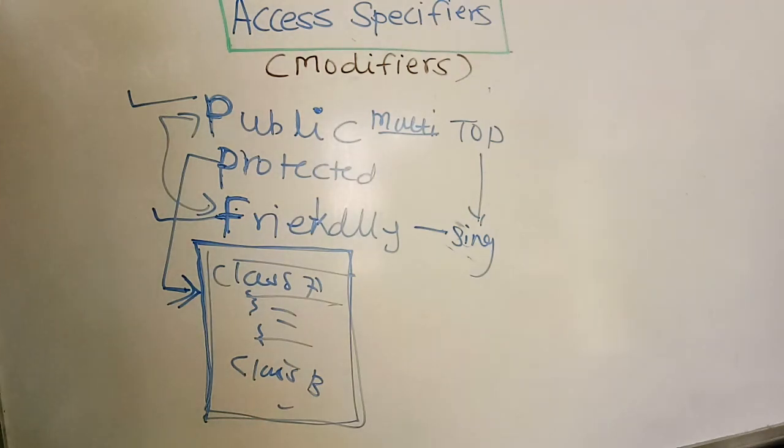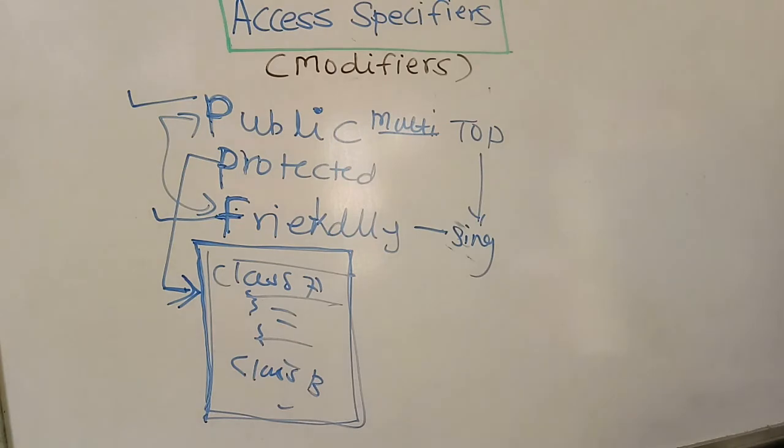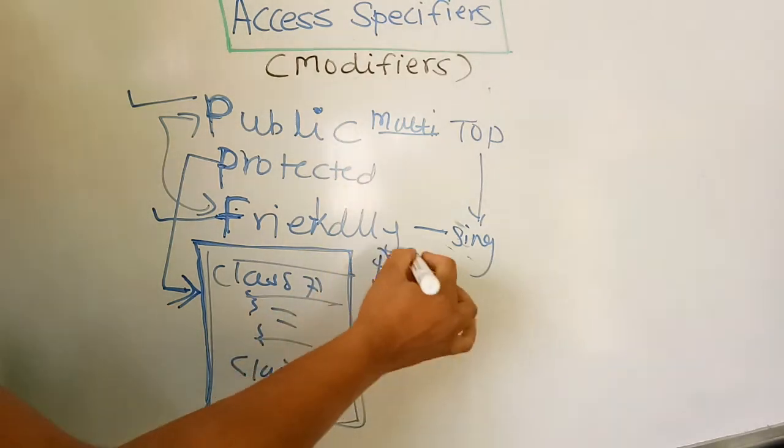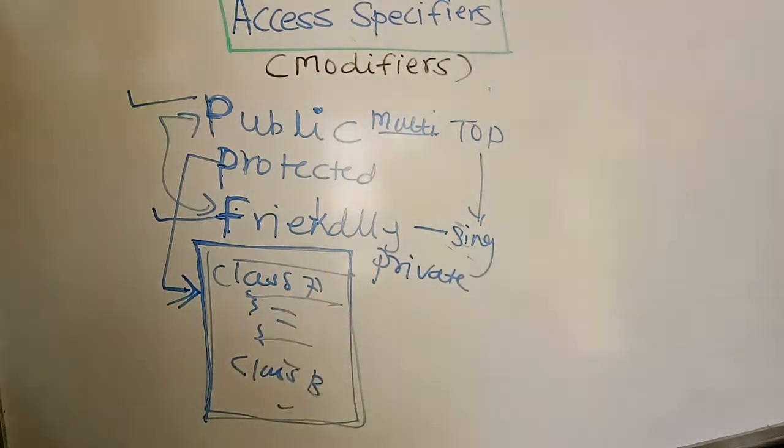Then comes the next part, that is the private access specifier. As its name indicates, private is limited to that part only. It is narrowly visible, at the bottom of the hierarchy.